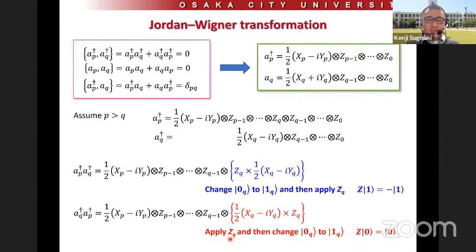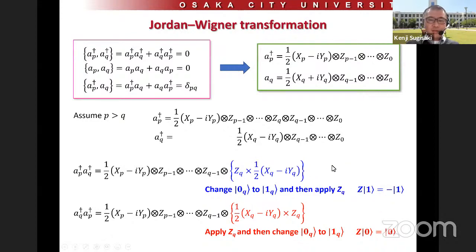So we apply Pauli Z and then change the qubit state from 0 to 1, so we obtain plus 1 as the eigenvalue of Pauli Z. So in this case, the difference of sign comes from these terms.